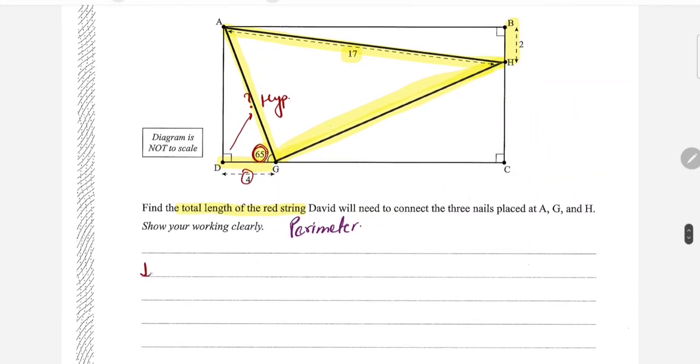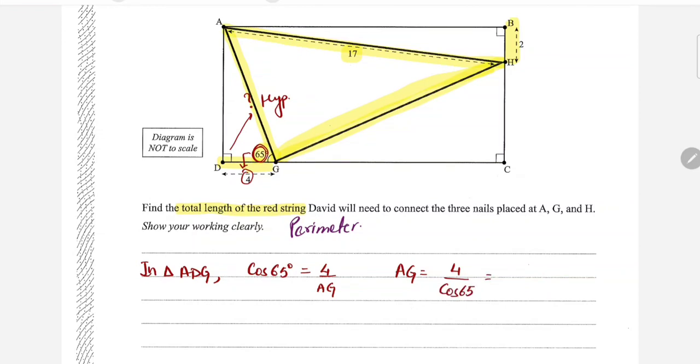So we will do in triangle ADG. This is adjacent and hypotenuse, so we will have cos 65 degrees is equal to adjacent over hypotenuse, which is AG. So AG will be equal to 4 over cos of 65.